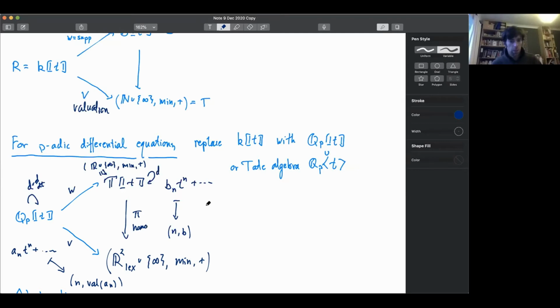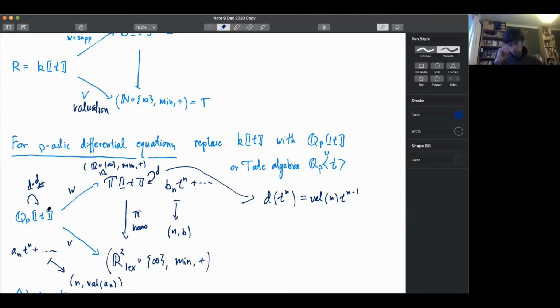This differential that we put here, in order to make W intertwine the two differentials, is defined by saying D of t^n is equal to the valuation of n times t^(n-1). So it kind of looks like the tropicalization of the differential on my p-adic formal power series.